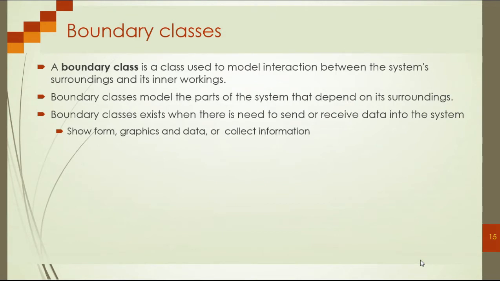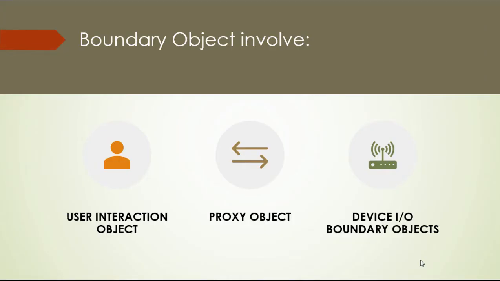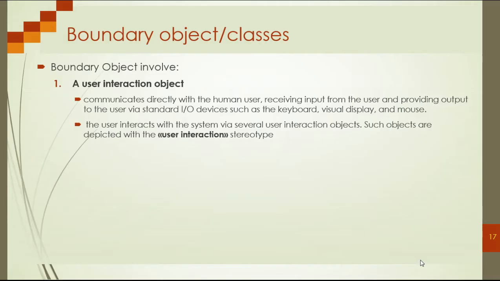The boundary objects are further categorized into three objects: the user interaction object, proxy object, and input-output device boundary objects. So we start with the user interaction object.